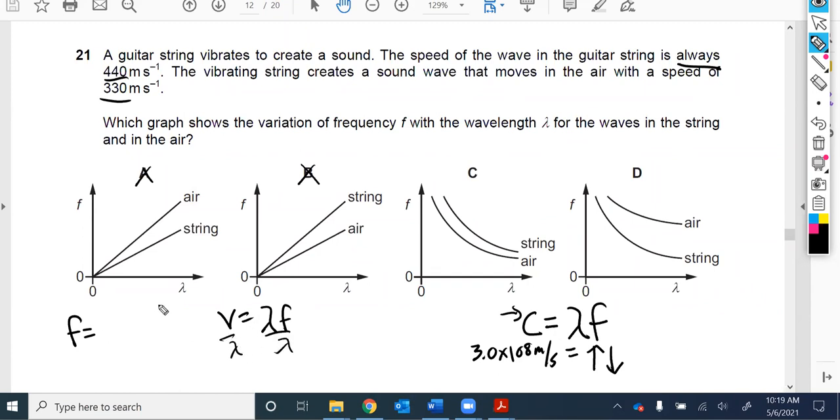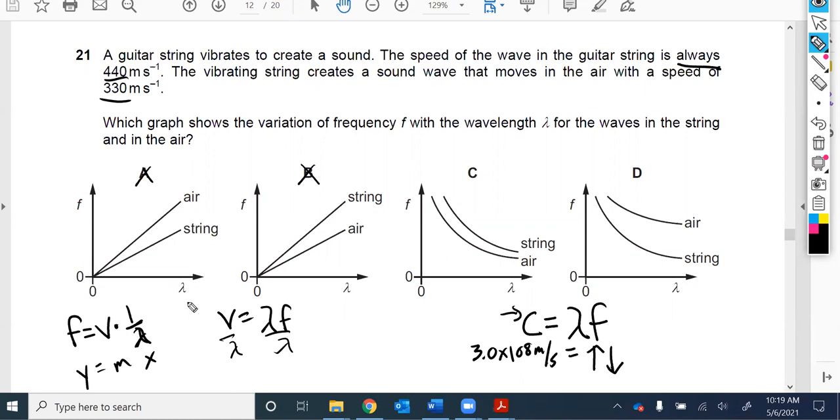If I want to make this my x, that's like y equals one over lambda times v. That's the same thing as that, right? But now I've got it like y equals mx. So if I plot, but I didn't plot 1 over lambda, I plotted lambda.